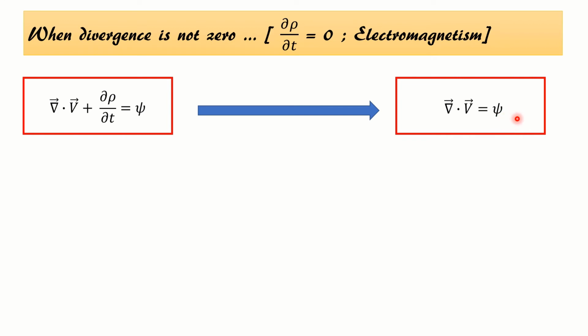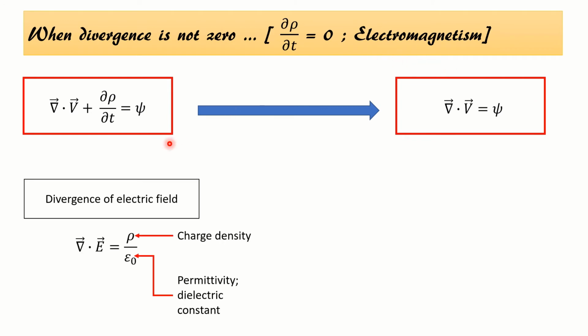And you have this case in electromagnetism. So if you look at the divergence of the electric field E, it is equal to the charge density over the dielectric constant. So you have already seen this equation, but more interestingly, you have cases where the divergence of a magnetic field is equal to zero. So we will talk about this in the next slide.